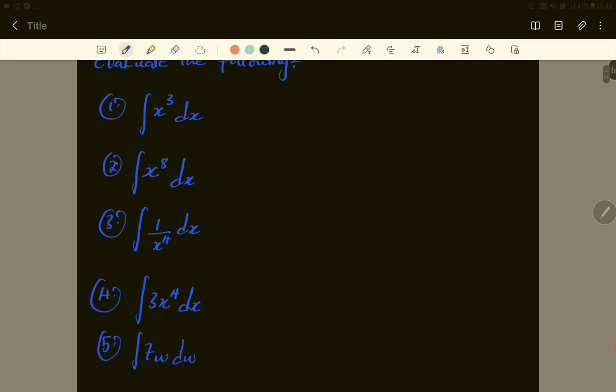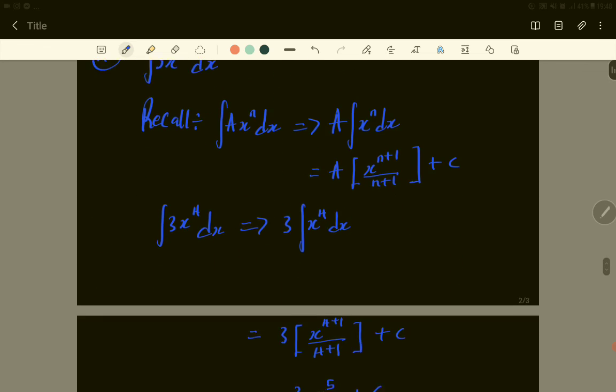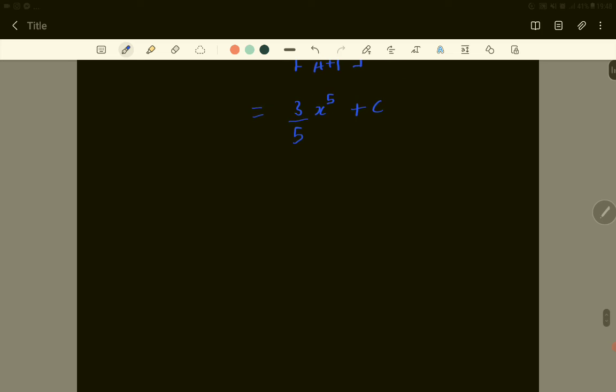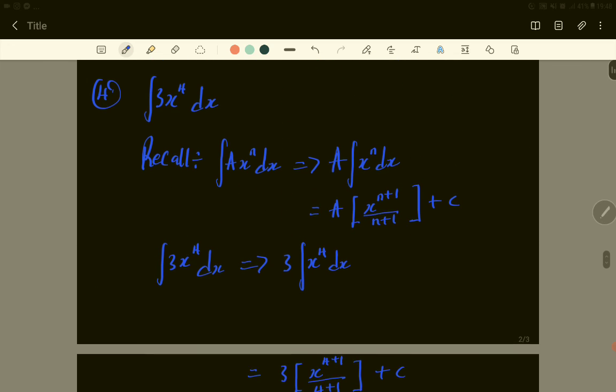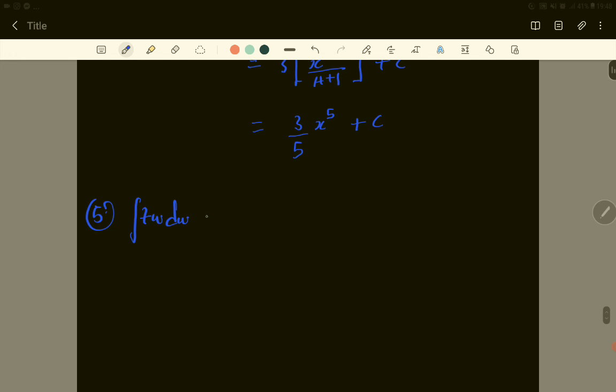And then for the last question, we have the integral of 7w dw. So we are integrating here with respect to w. Of course, we are still going to apply the same rule we applied in question 4. So this is going to be 7 times the integral of w dw.